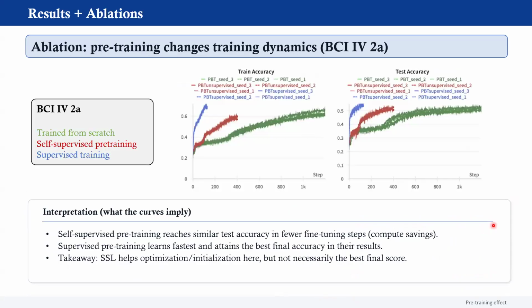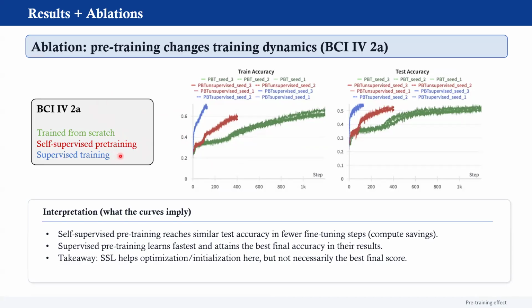Okay, then this is just basically what you see over here for the BCI4 2A dataset. You see 3 different training and testing plots. One in green is when the fine-tuning dataset is trained from scratch with no pre-training. The red is self-supervised pre-training, and the blue is supervised training.